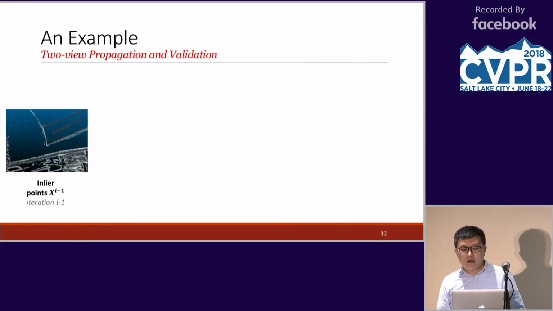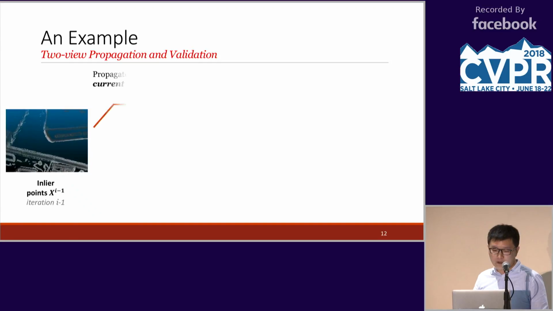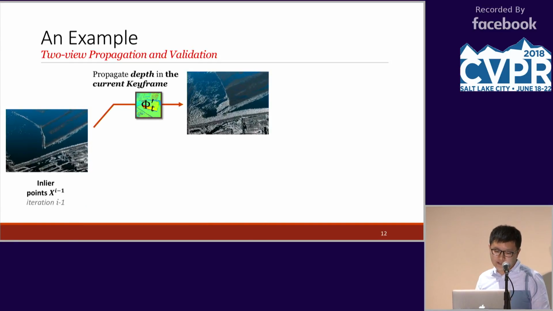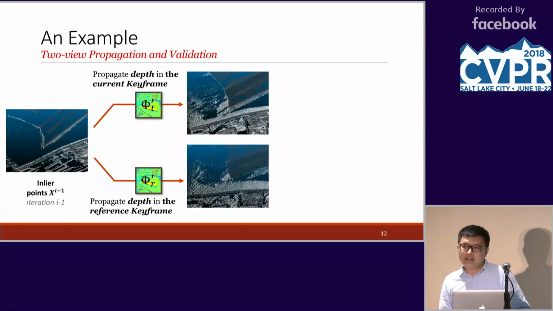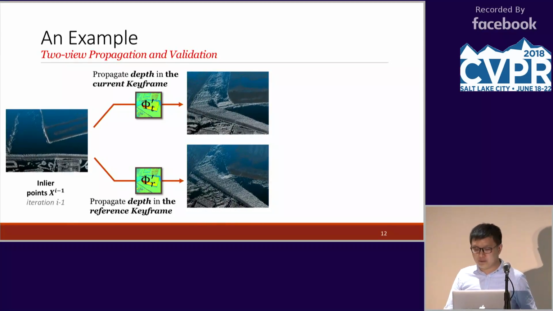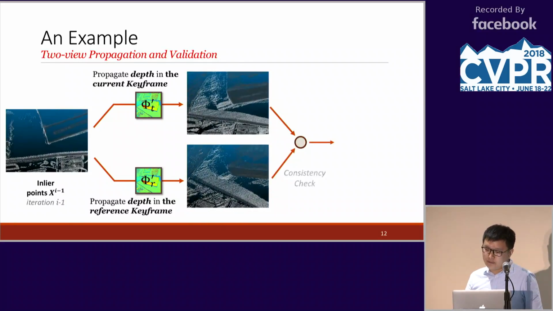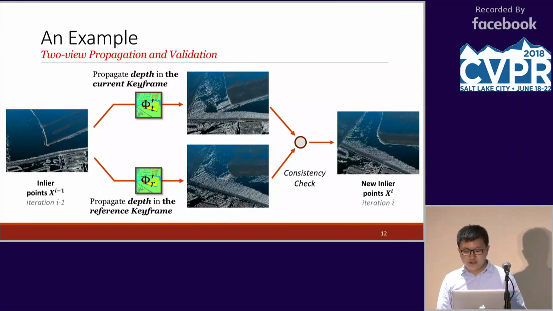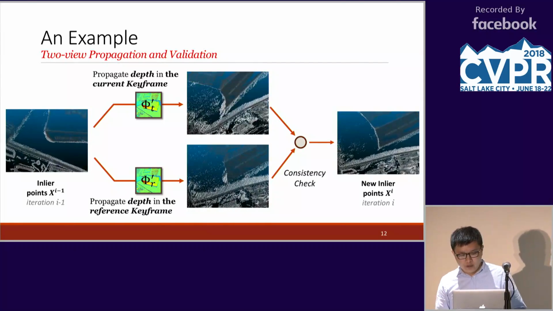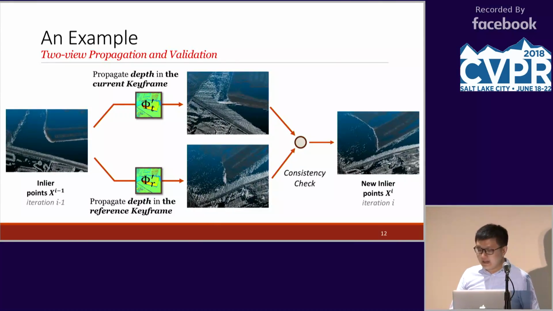Here's our idea. We first start with the initial points and propagate the depths using the current keyframe. We do the same thing for the reference keyframe, which is selected from the previous image sequence. We then do a consistency check to remove the wrong propagations. As you can see here, the wrong propagation near the book edge has been wiped out, while the correct propagation on the table is maintained.